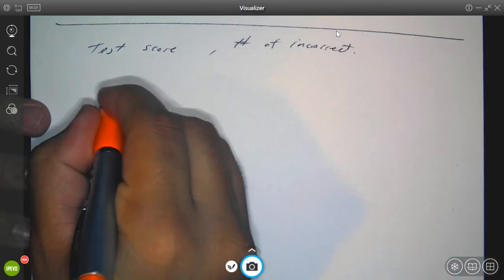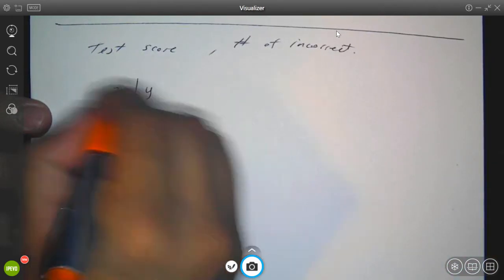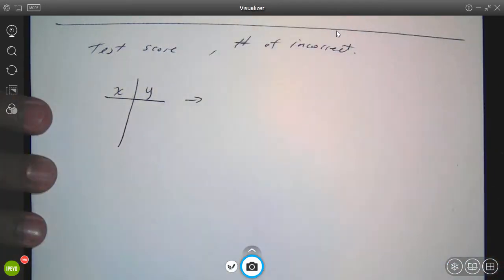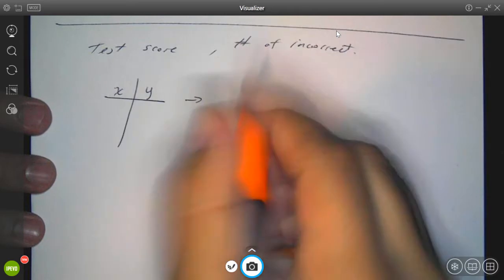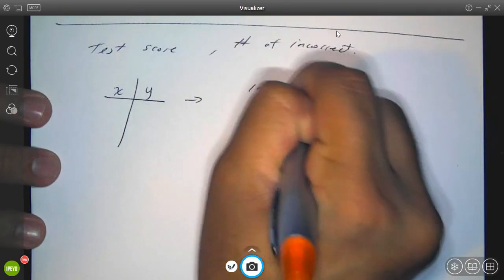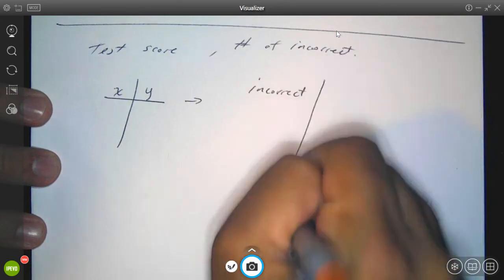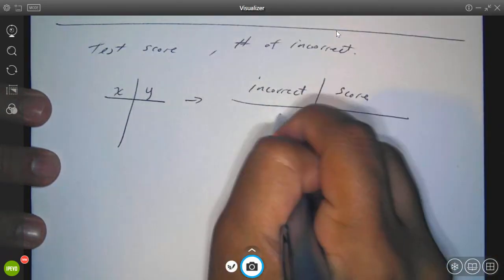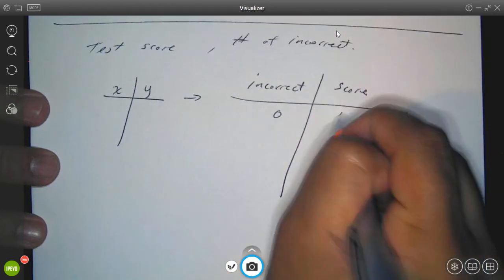If you want to make a little table, we'll make it a little more realistic. We'll have the score and the number of questions incorrect. So what happens if you miss zero? Well, notice how that is a 100.